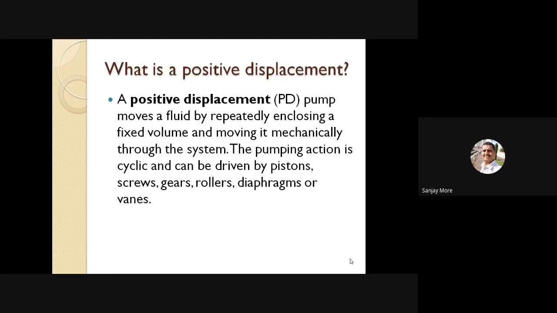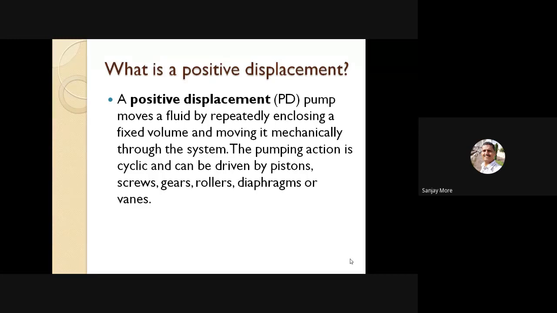Then the first point is, what is meant by positive displacement? Flow is directly proportional to the output of the flow meter or turbine meters. Positive displacement moves a fluid by repeatedly enclosing a fixed volume and moving it mechanically through the system.